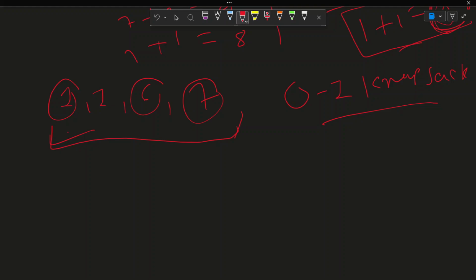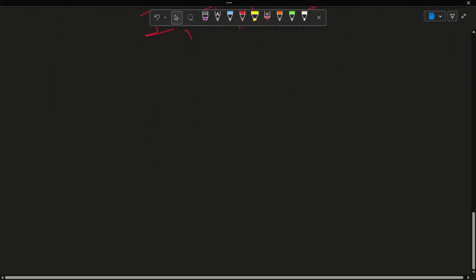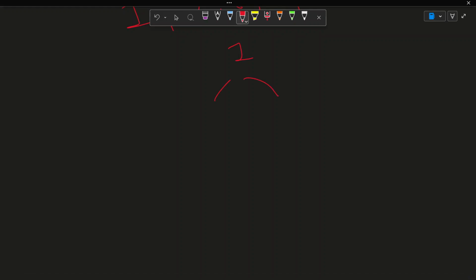Zero one knapsack means we consider 1 1 6 7. Here we have two options: we are considering this or not considering this, meaning including and excluding.